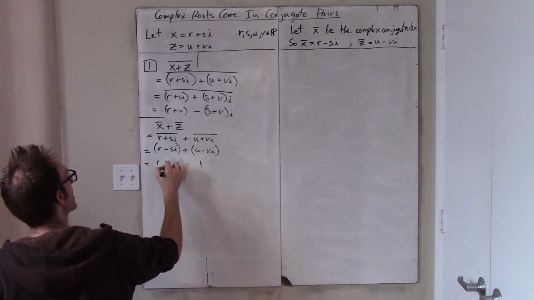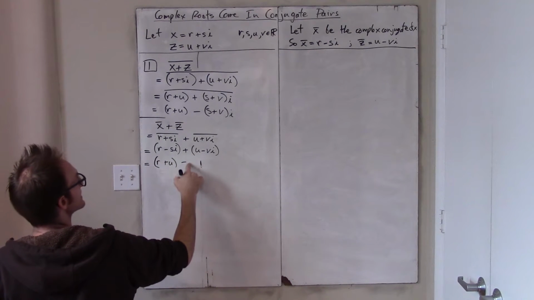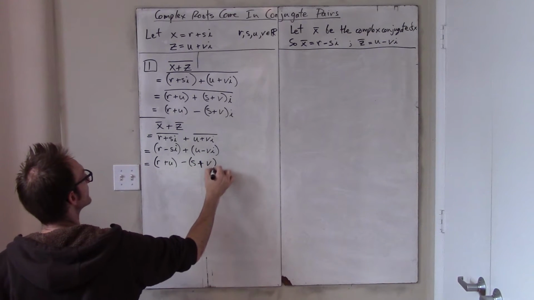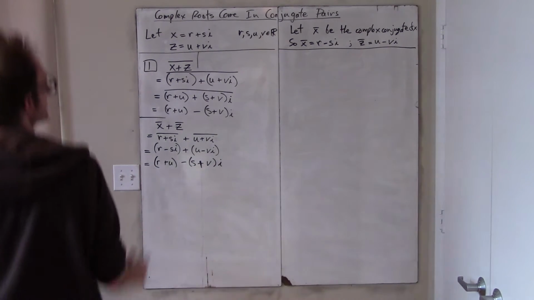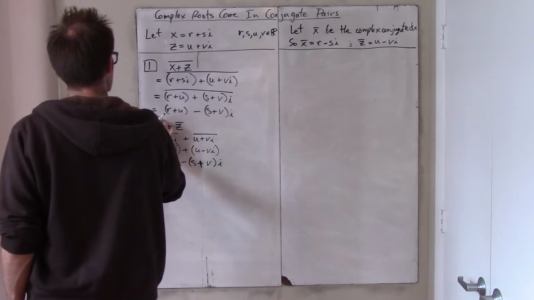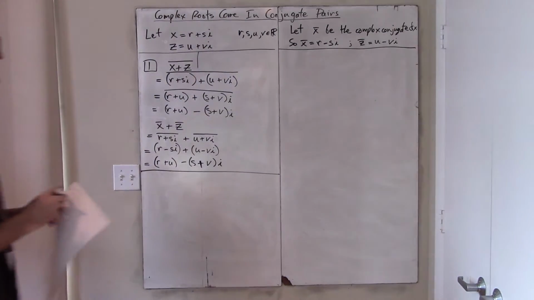This is just r plus u minus (s plus v)i. And so indeed they are the same. That completes step 1.